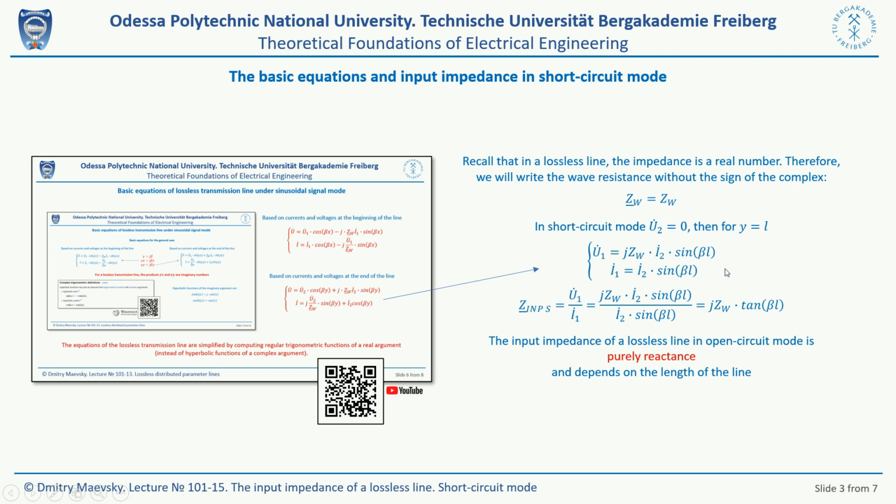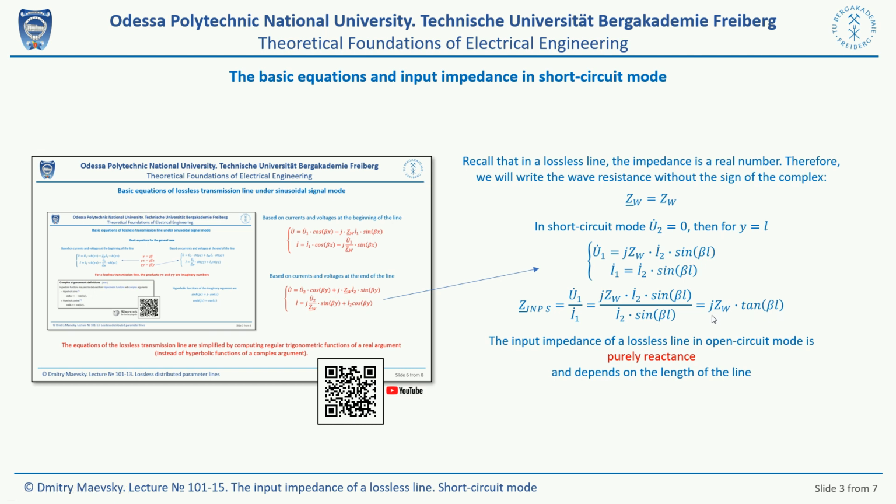Please note that if we let gamma equal L, which is the length of the line, then these equations describe the voltage and current at the beginning of the line. By dividing the voltage at the beginning of the line by the corresponding current, we can calculate the input impedance as shown in this formula.